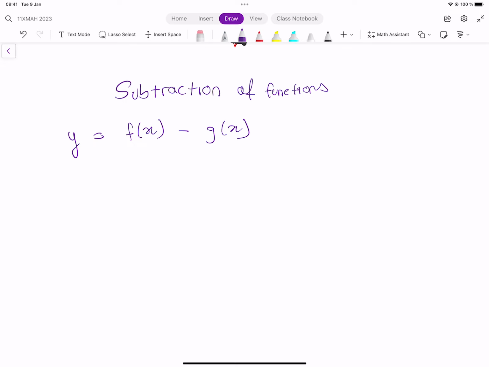The easiest way to do this is to graph the negative of g of x and then add as normal.